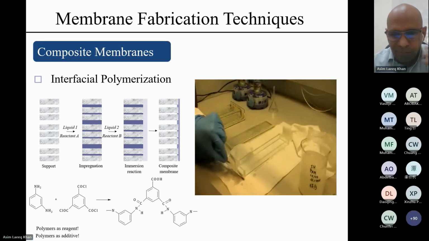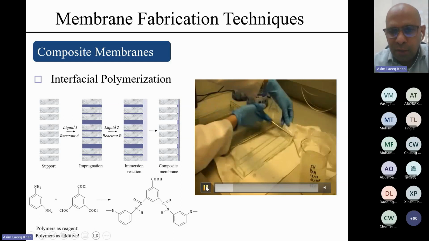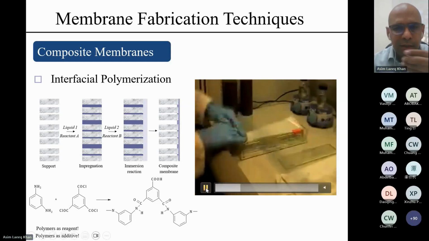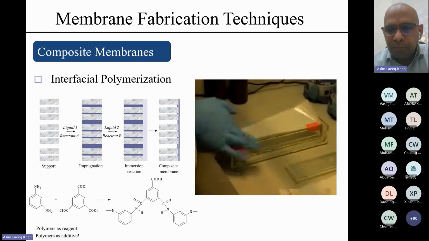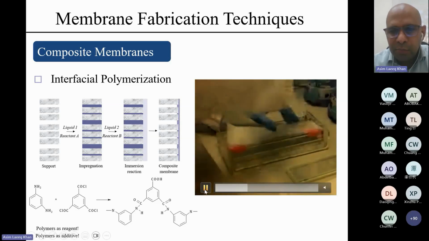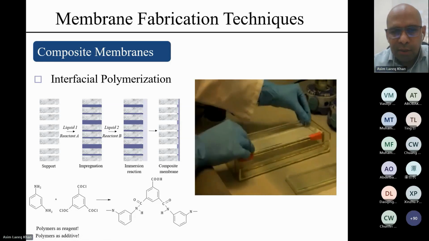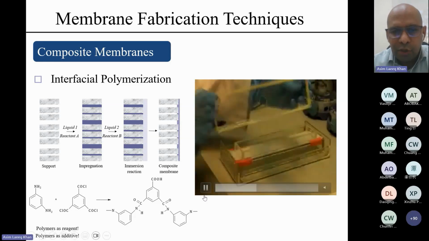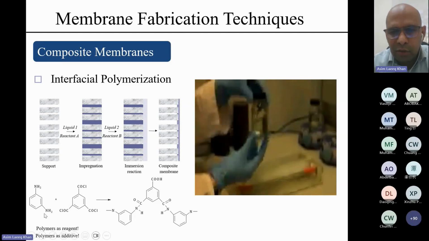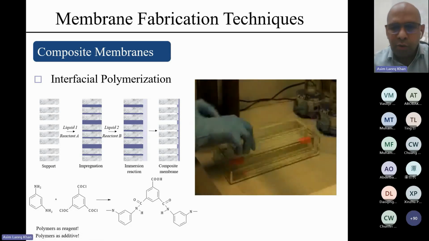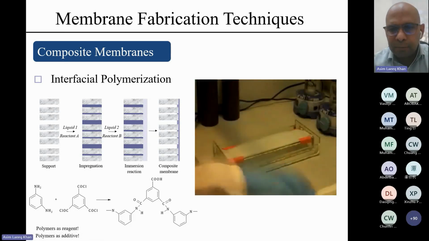So this white film is the substrate that is being taped using an adhesive, and it is produced by phase inversion. Now, as a first step, we will use this diamine aqueous solution, and we will spread it throughout the substrate.